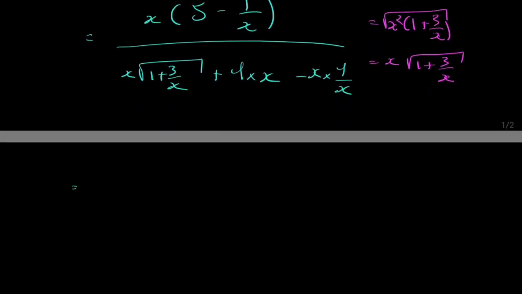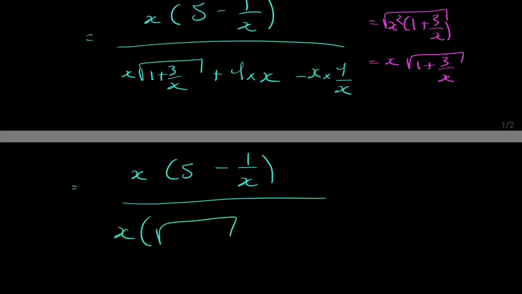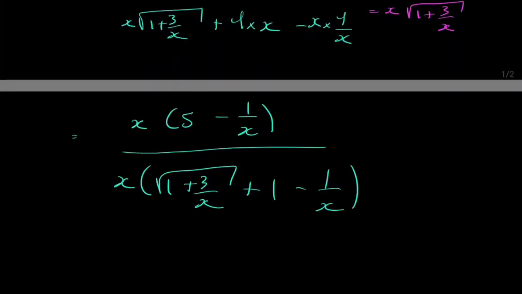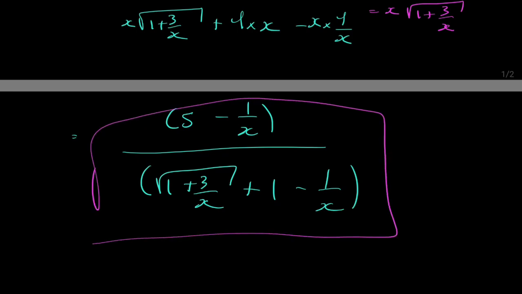So we can factorize at the top, this is already done, 5 minus 1 over x, and at the bottom x times the square root of 1 plus 3 over x plus 1 minus 1 over x. Perfect, because now we can simplify those two x together. We simplify them, and this thing is very easy to determine.